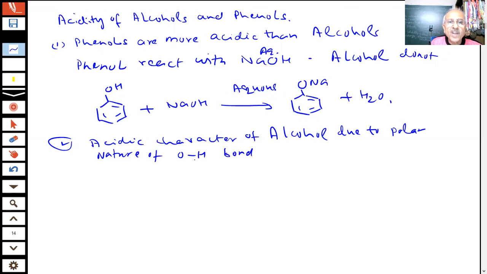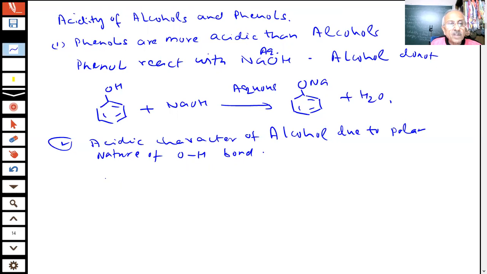Oxygen is highly electronegative. It can attract the electron and then the proton can be released. Therefore, what will happen? If we attach an electron releasing group or electron withdrawing group, they will change the electron density on the oxygen. Hence, the acidity character will change.